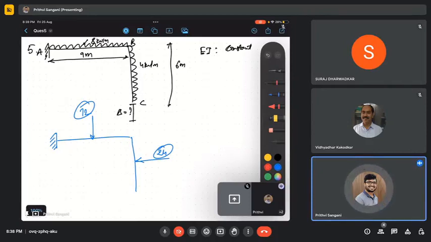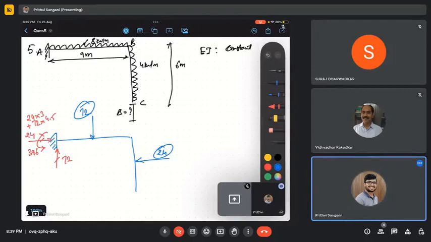This is going to be clockwise, so it develops an anticlockwise reaction. That will be 24 times 3 plus 72 times 4.5, which is 396. We'll also have a vertical force of 72, and a vertical compressive force of 24.